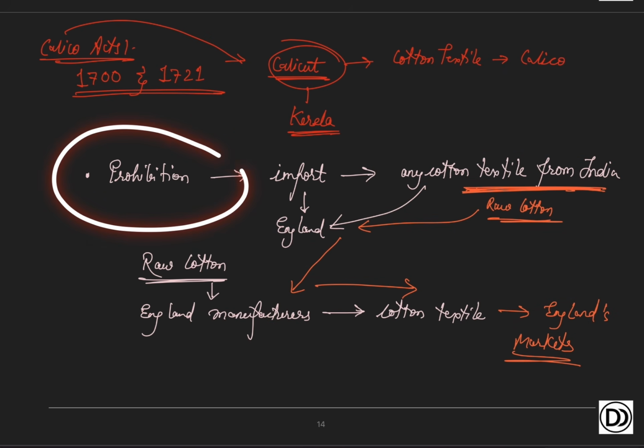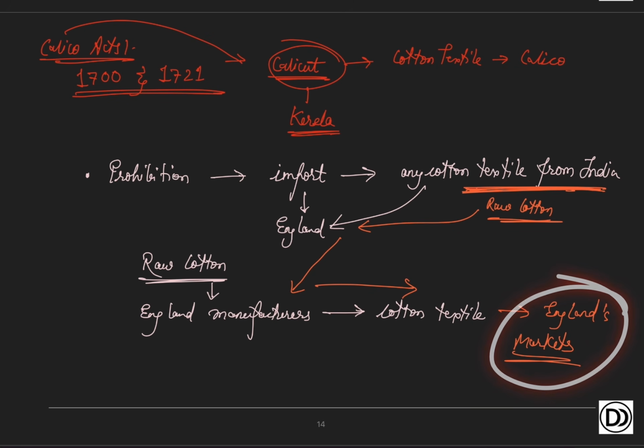So this prohibition was the first hit to the Indian textile industry. English textile manufacturers took control of their market and their cotton textile began to compete with Indian textiles. Which means over time the English textile industry became strong enough to compete with Indian textiles.